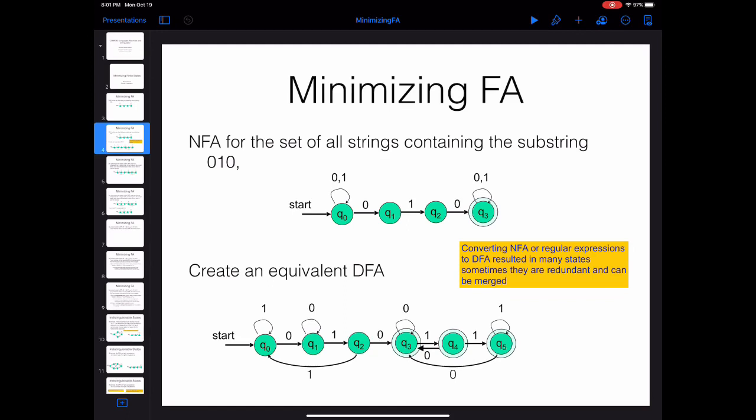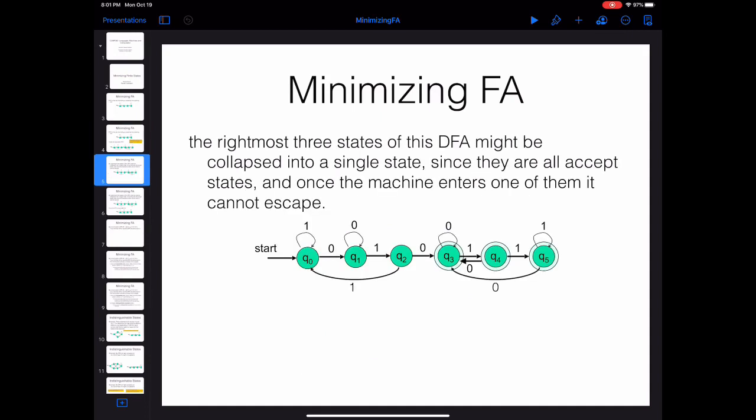So today I'm going to focus on these algorithms, to see how, if we have a DFA, we can minimize the states. If you look at this example, the DFA for the language that accepts all the binary strings that have the pattern 0, 1, 0, one thing that is clear is about these final states that I have.